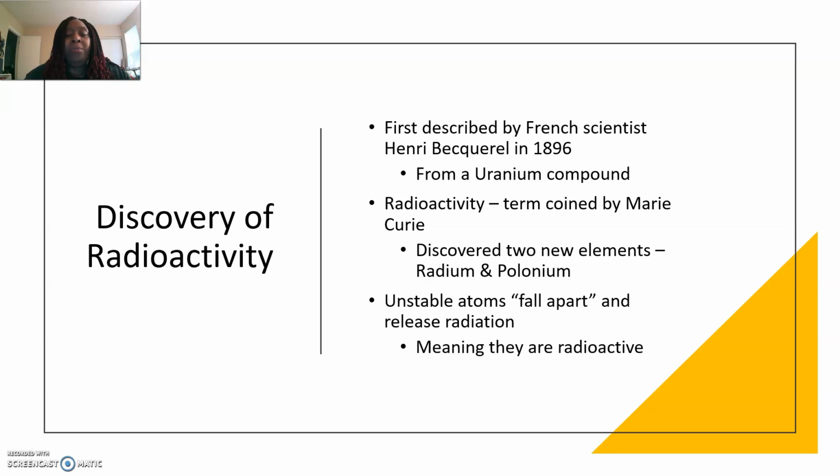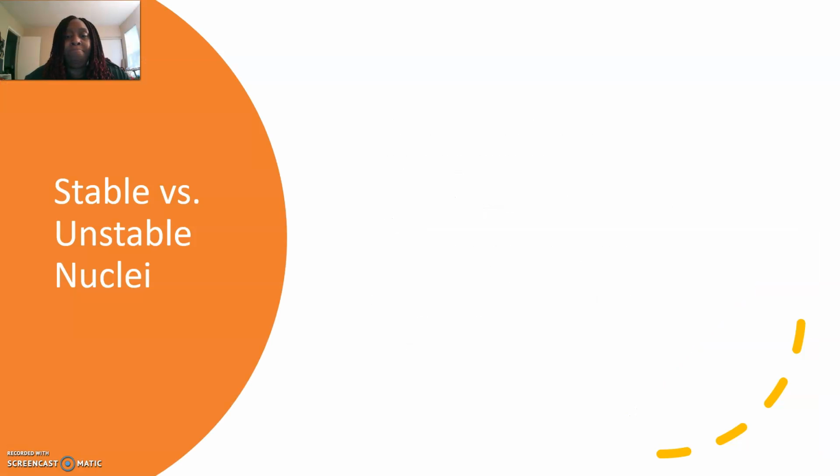So unstable atoms that fall apart and release radiation are radioactive. Radioactive studies have been going on for a while, as you can see from Henri in 1896. But Marie Curie was really instrumental in discovering new elements and new things about radioactivity.